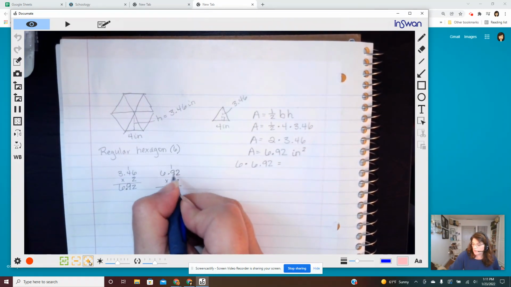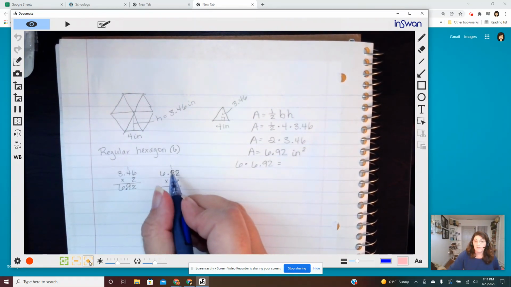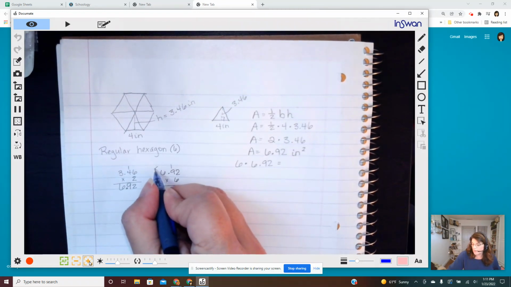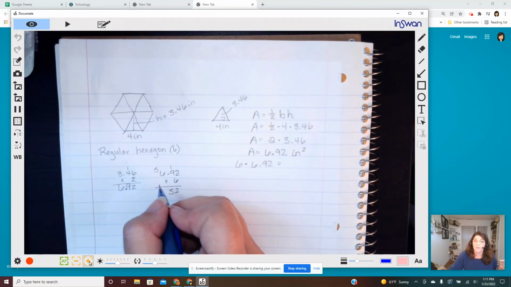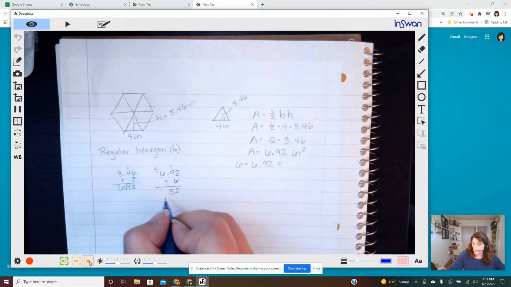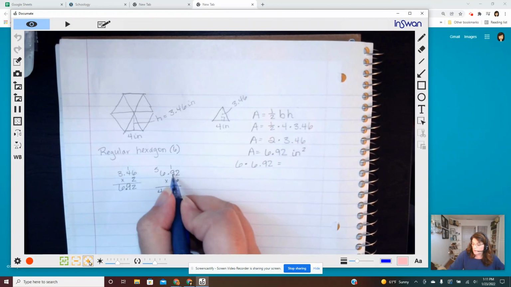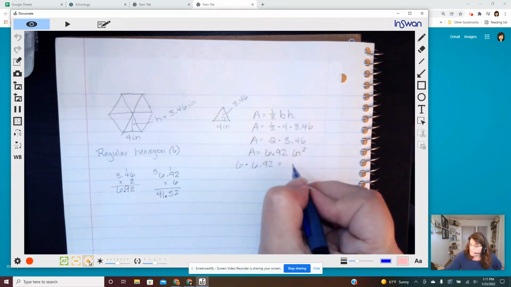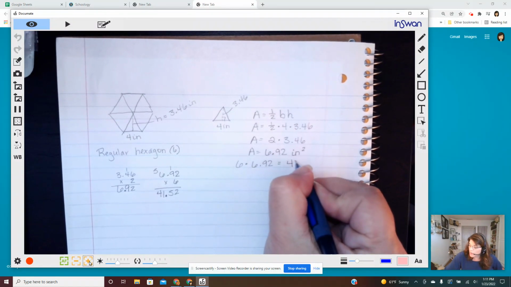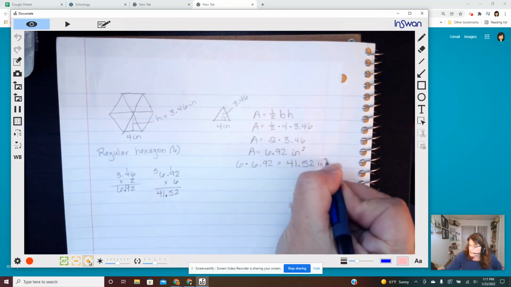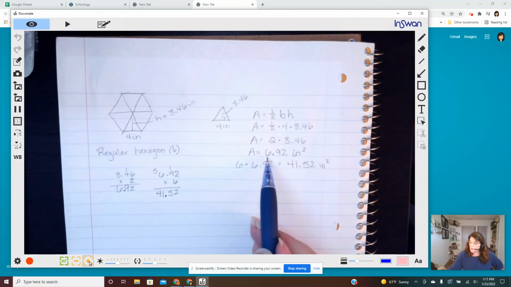Carry 1. 6 times 9, 54, plus 1, 55. Yes, it is a great way to practice your multiplication skills. 6 times 6 is 36, plus 5, 41. 2 decimal places. So a total of 41.52 inches squared. And that makes reasonable sense.